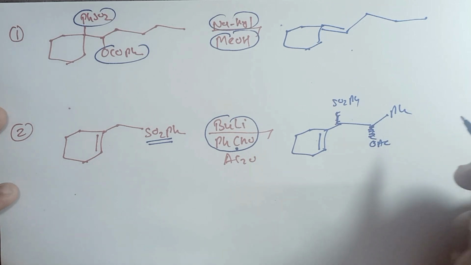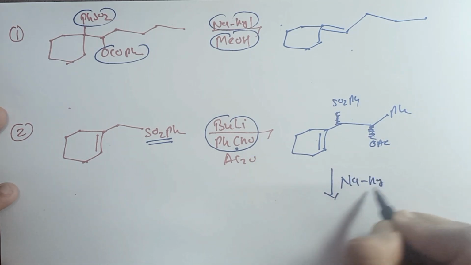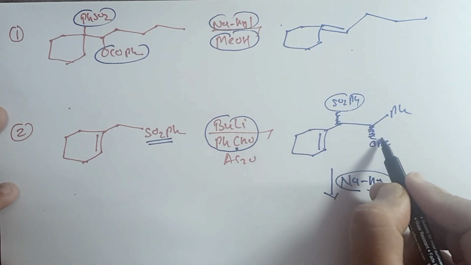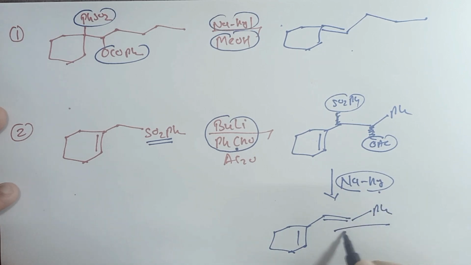So that is the phenyl group over here. Now when it is reacted with another mole of sodium amalgam, the SO2Ph group and the OAc will be removed as leaving groups and we are getting an E olefin. Okay, so this is our application part in the Julia olefination reaction.